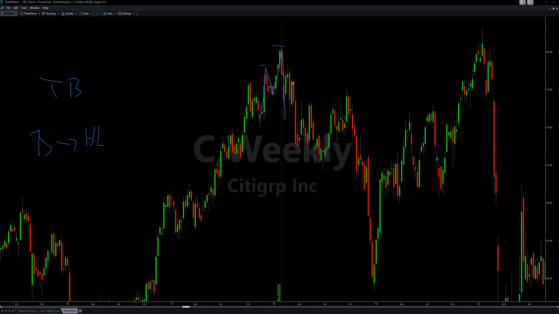I need a trend break here. It means we have to break the previous higher low. Okay, that's my idea. You can skip this one, it's absolutely fine. The last previous higher low is still valid, right? But for me, I need the trend break, that gives me more probability.